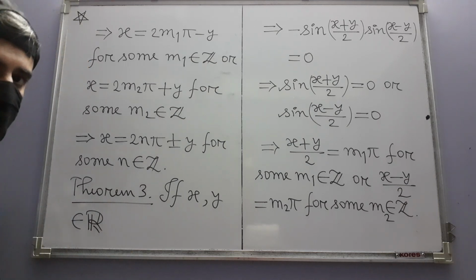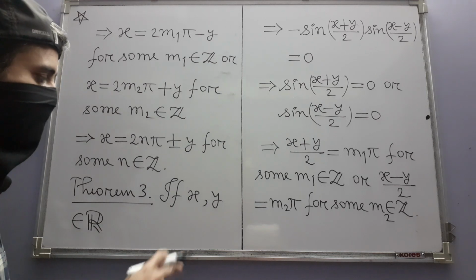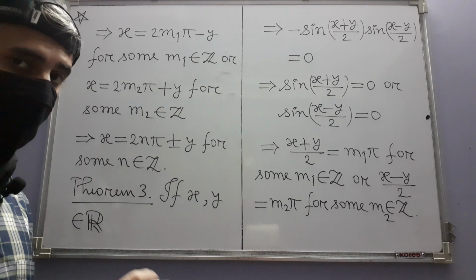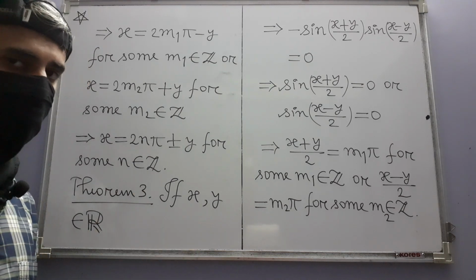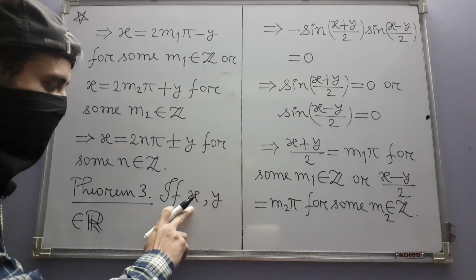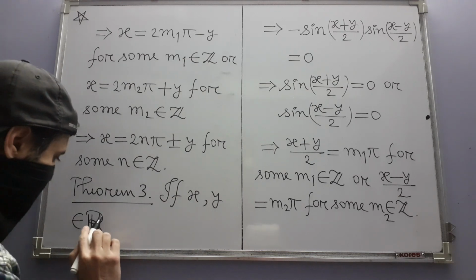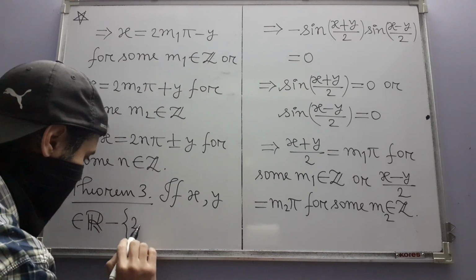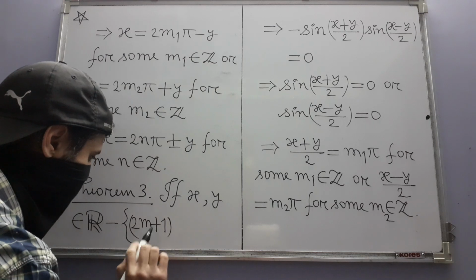You know why? Because we are going to consider tan x and tan y, and if any one of them is an odd integer multiple of pi over 2, say x is such a number, then tan x is undefined. That's why we need to remove those things from R.